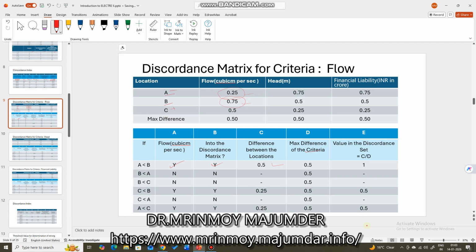So in that way, first you are detecting the difference between the locations being compared, that is A and B, and always take the absolute value of the difference, not a negative value. And then find the maximum difference of each of the criteria.